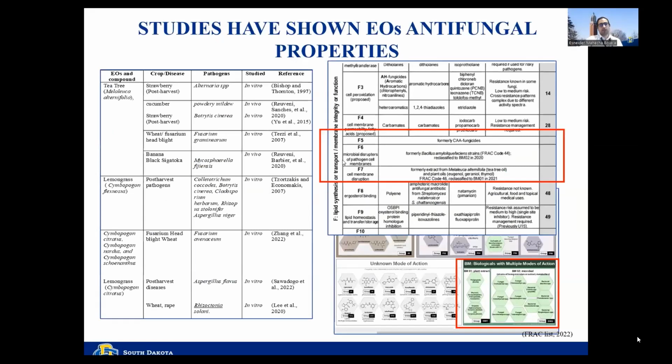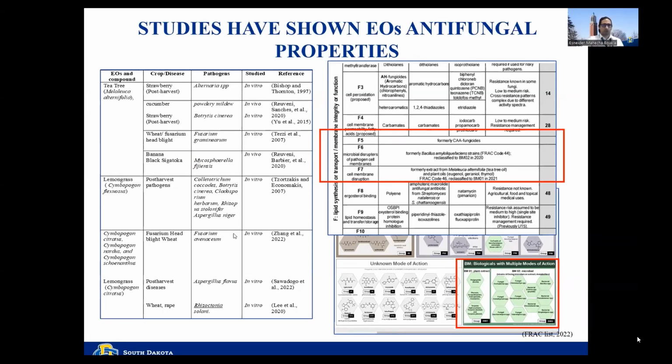But why our interest in these alternative fungicides? It is known that these essential oils, in this case tea tree, lemongrass, and Cymbopogon citratus, have shown antifungal properties against a pool of pathogens that affect crops.